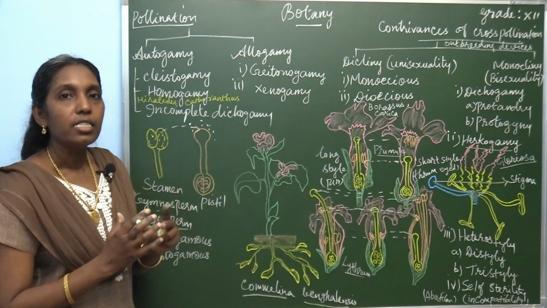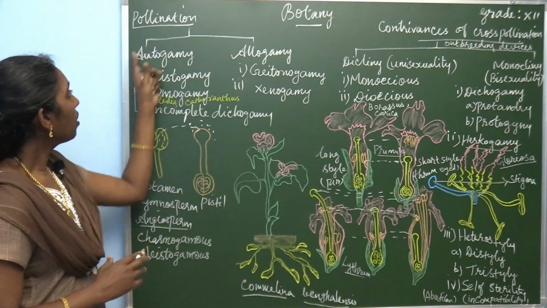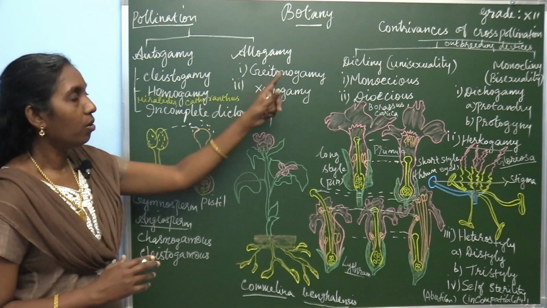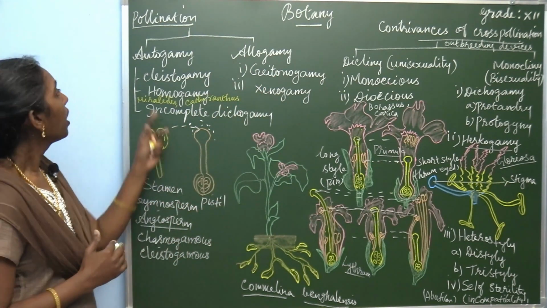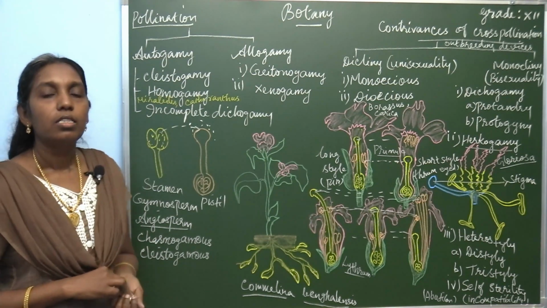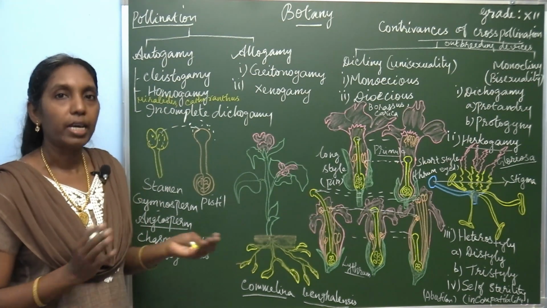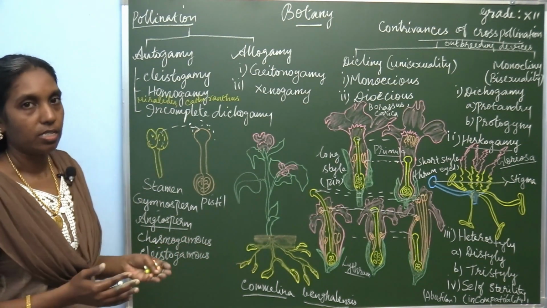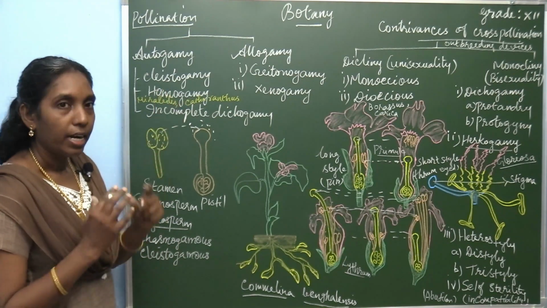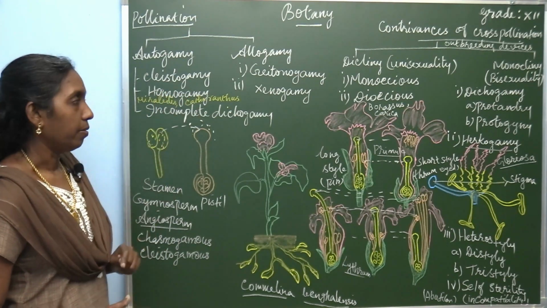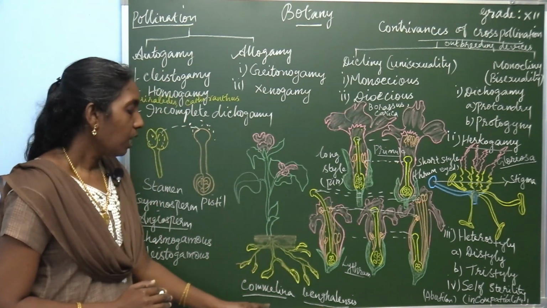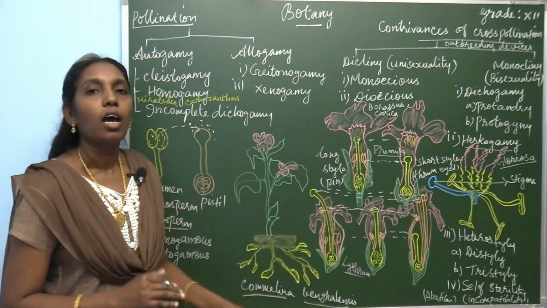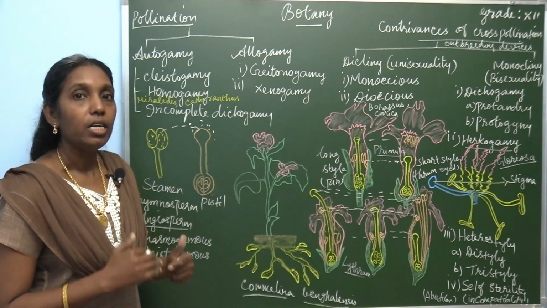Based on the mechanisms and adaptations observed in autogamous and allogamous flowers, they are again classified into different types. In autogamy, the flowers show different mechanisms and adaptations. One of the adaptations is cleistogamy. As I mentioned earlier, the example is Commelina bengalensis, and Viola and Oxalis are other examples.